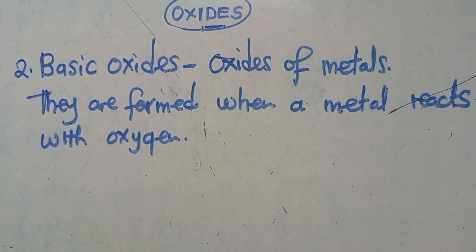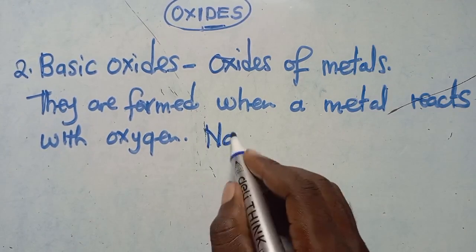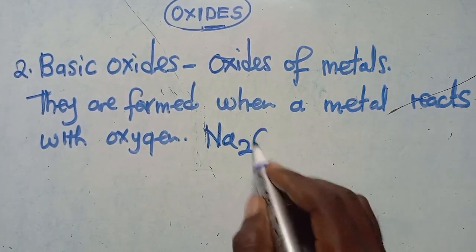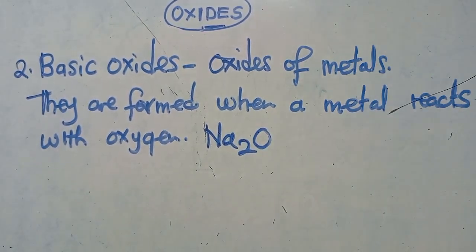I guess you know what metals are: group 1 elements, group 2 elements, transition elements, all those are metals. When they react with oxygen, they form what we call basic oxides. Examples of those: sodium oxide is a basic example that we can consider.